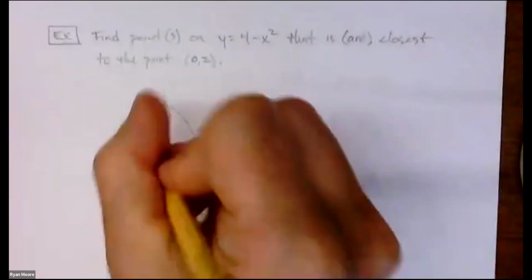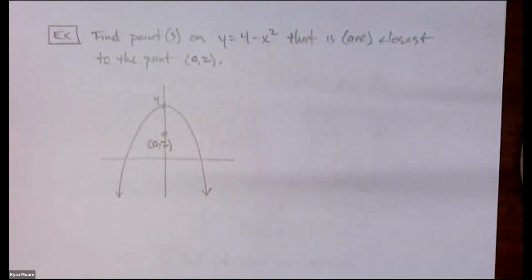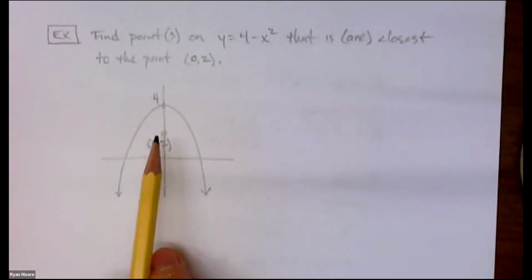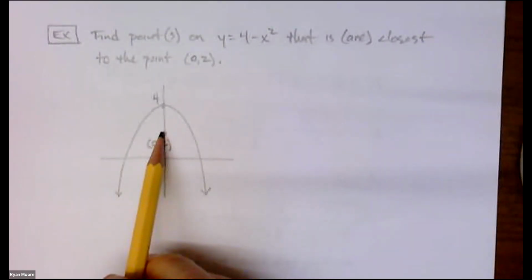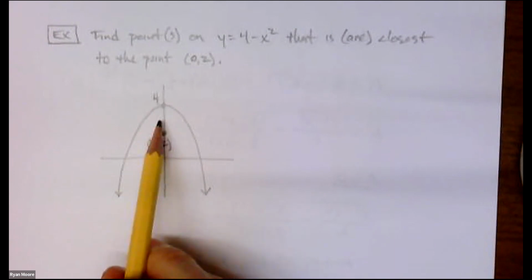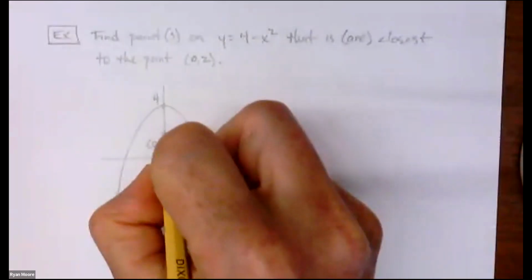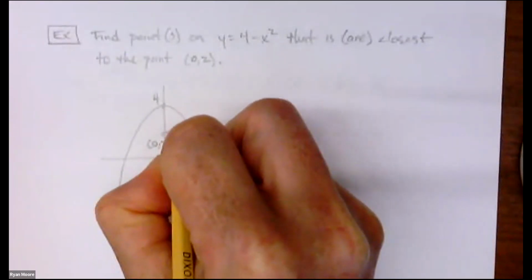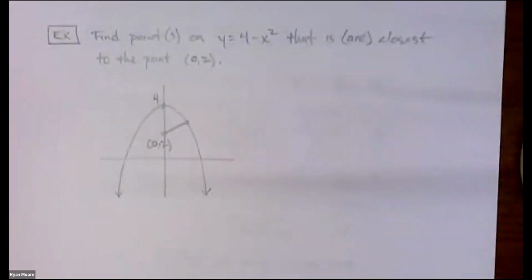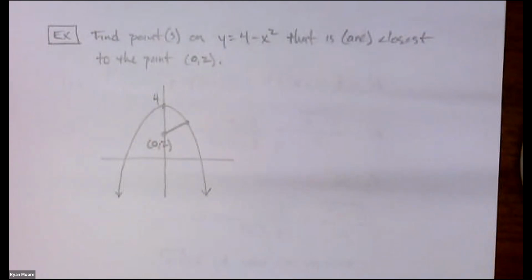Okay. So we're thinking, where's the closest point on that parabola? And it's possible from my drawing that it could be up at the vertex. Maybe that's the closest. But I think it's going to be somewhere at a little bit of an angle like that, if I had to guess. So here's what we'll do.